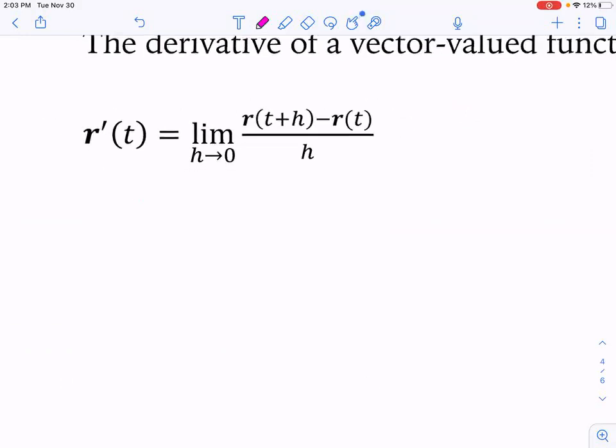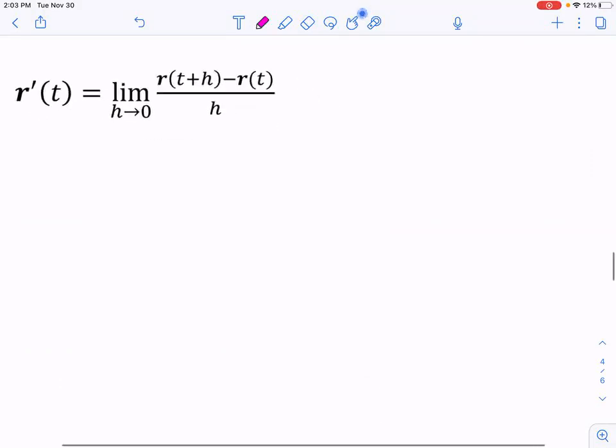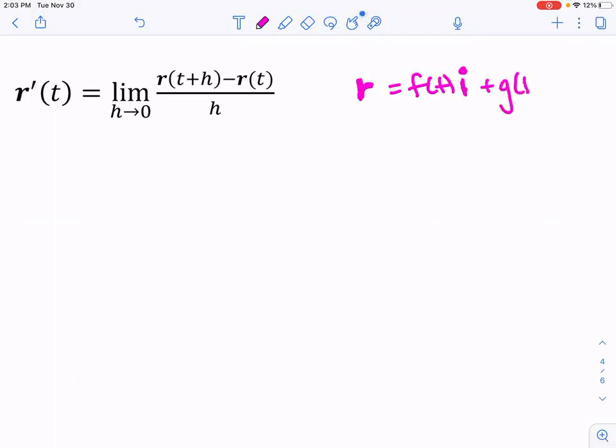Okay. Yeah. This is the definition of a derivative, correct? Okay. So let's talk about what if r is f of t i plus g of t j.